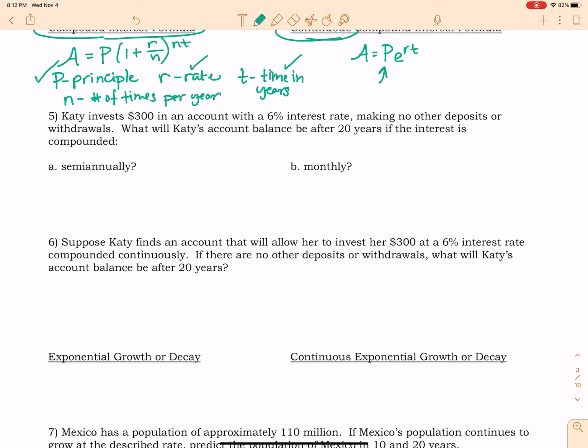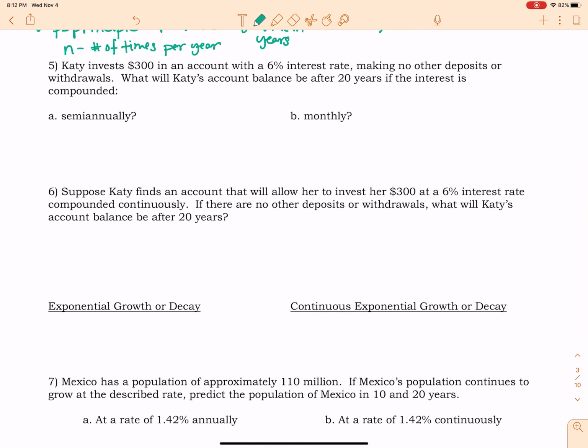All right, so what is this going to look like in terms of a problem? Well, we have Katie here. She invests $300 in an account with 6% interest. That's your rate, by the way. This is your principal. Making no other deposits or withdrawals, what will Katie's account balance be after 20 years? That is T. The interest is compounded semi-annually.